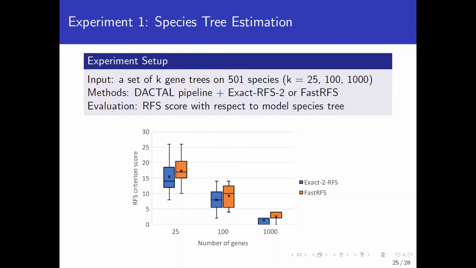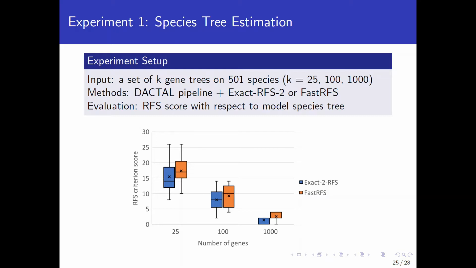In each replicate, we used the Dactyl pipeline plus either exact RFS2 or fast RFS as the supertree method to estimate the species tree. And then we evaluate the estimated species tree in comparison to the model species tree in terms of RFS score. So for RFS score, the lower is the better.